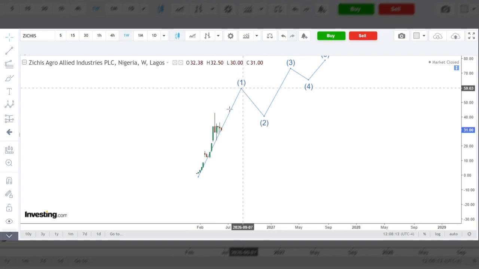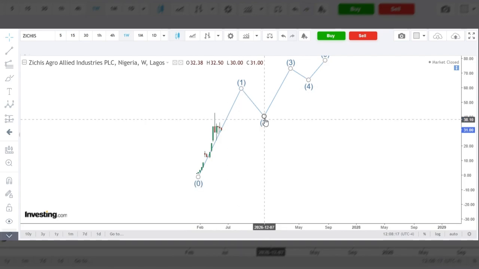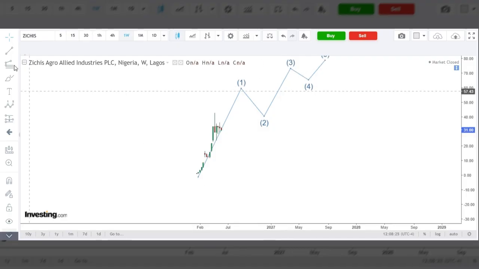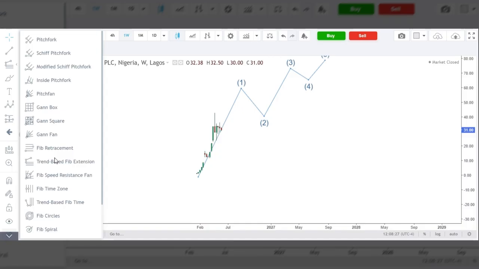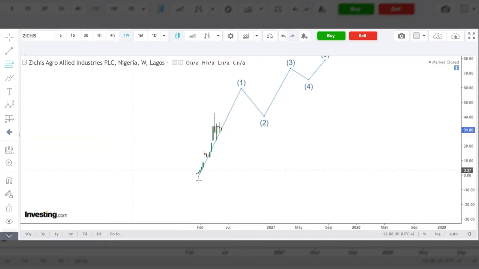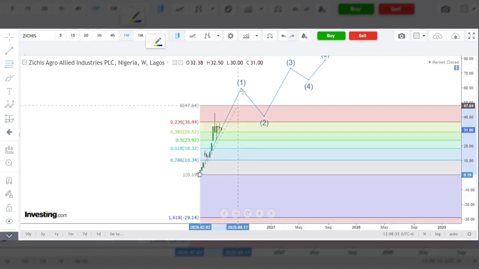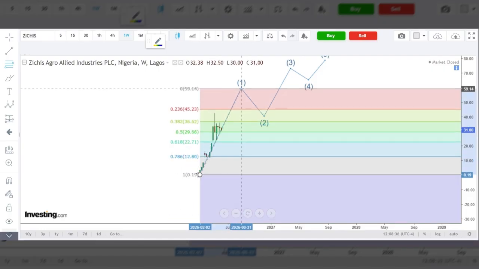But if you don't buy and maybe you miss out there, you can just wait till it comes back to maybe around this 39 area before it bounces back up again. Let me just use Fibonacci retracement to measure it. If I measure from here to here, you can see I even put wave 2 correctly.